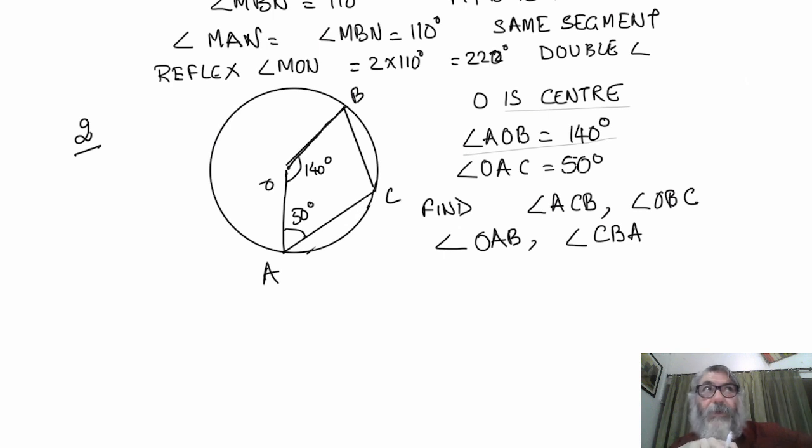That is why it is not a cyclic quadrilateral, but nonetheless, it is a quadrilateral. Angle AOB is given as 140, and OAC is given as 50. He wants to find ACB, which is very simple.